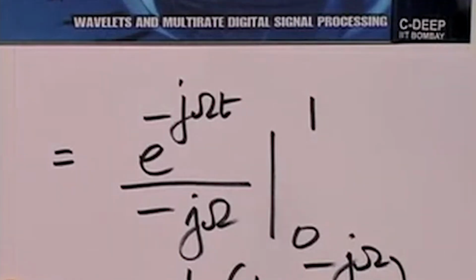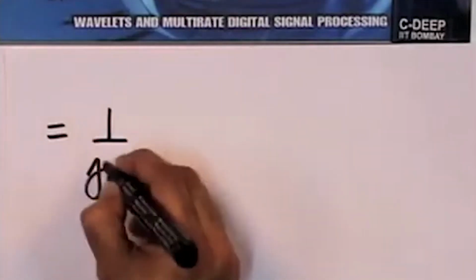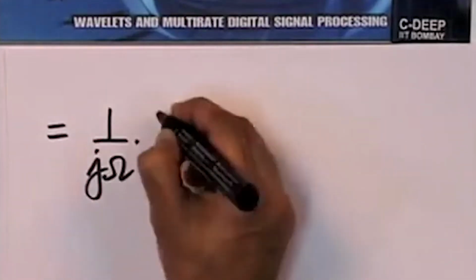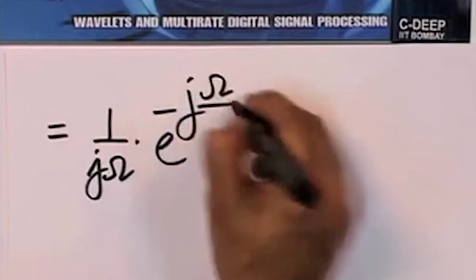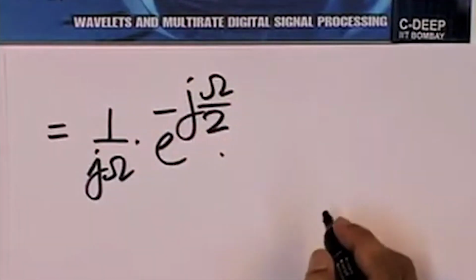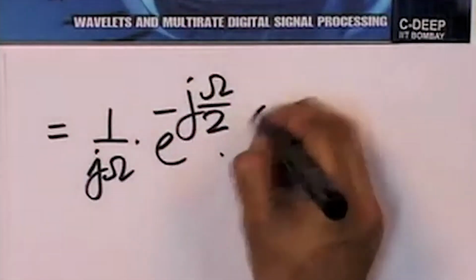Now, we can simplify this, using the standard trick of taking out the e raised to the power minus j omega by 2 term.